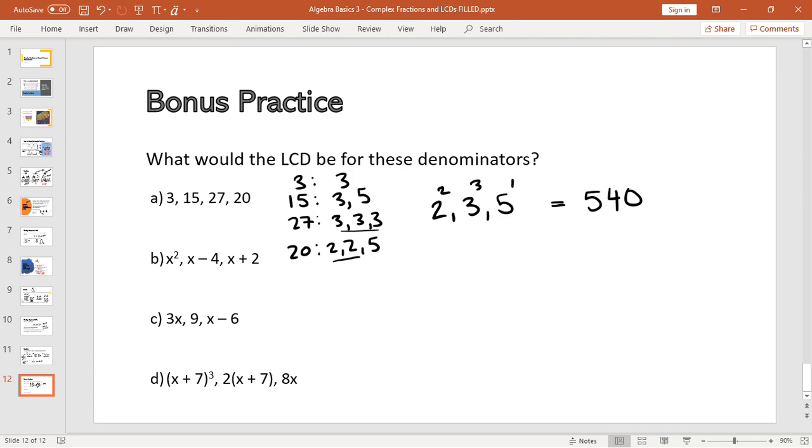All right, looking at this one. You have an x squared, and you have an x minus 4, which is also different from an x plus 2. There's nothing common between these three, so you are going to write the LCD as all three of those things.